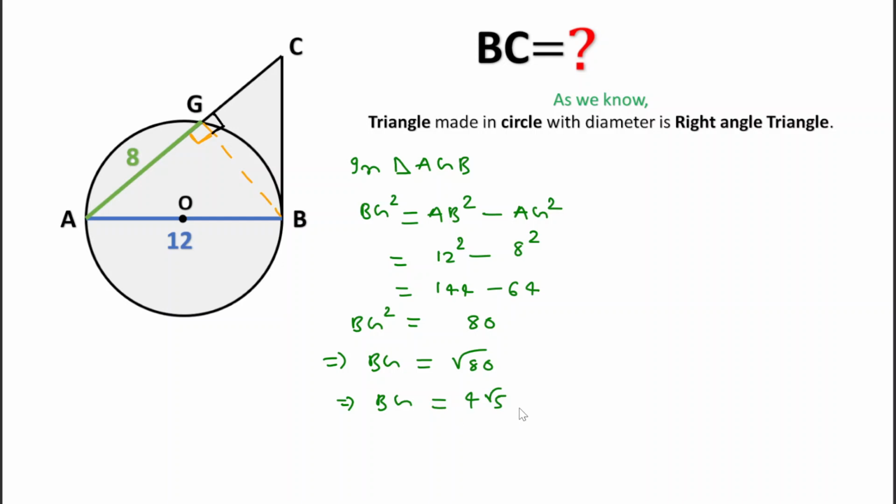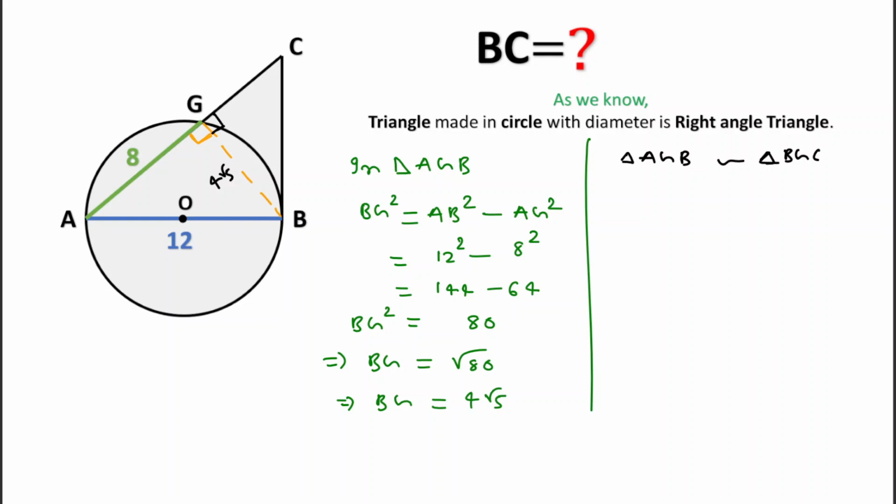Okay, now after that, actually BG is 4 root 5. So we can write that triangle AGB and triangle BGC both will be similar triangles. Why will both be similar triangles?